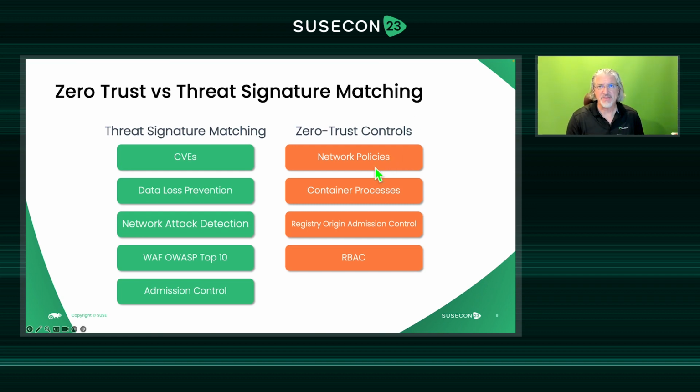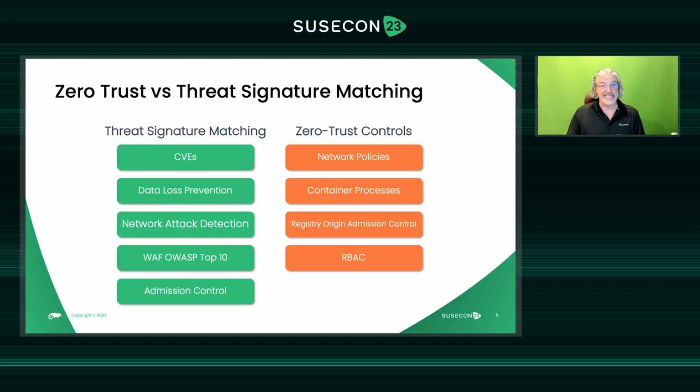The zero trust controls, we can do network policies, we can do container processes, even registry origin, like we can do zero trust using admission control. One zero trust control you can actually do with NeuVector is only allow images to come from specific registries, right?